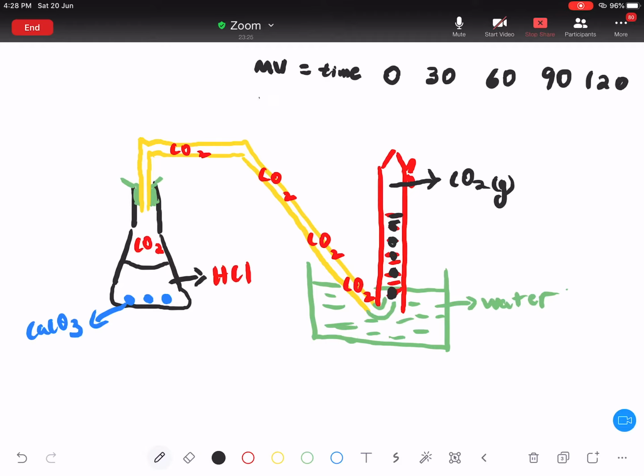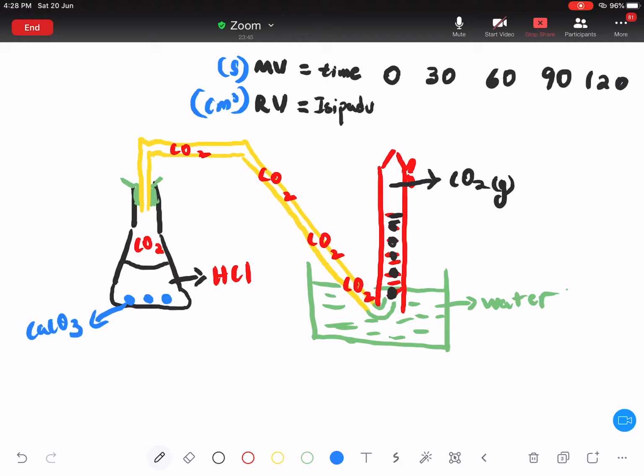And also, the responding variable is what? What is your responding variable? Yes, clever, volume. Earlier I already said, this is second, this is cm cubic.